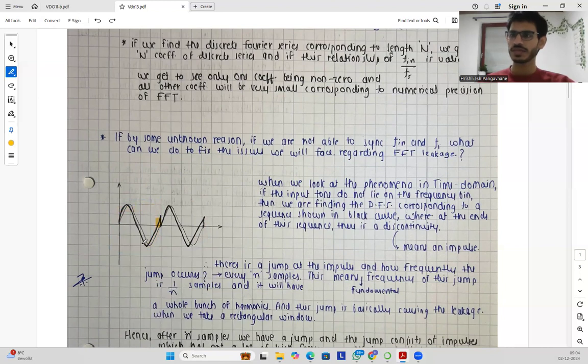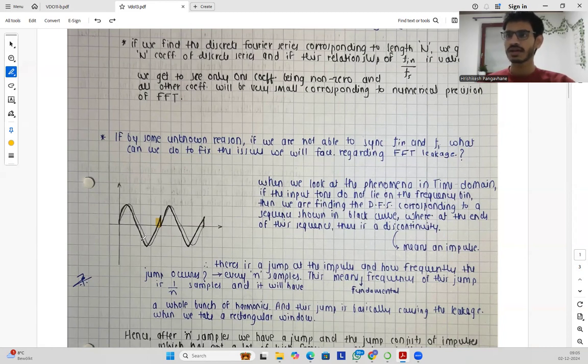This is basically a discretized signal. Just for the sake of simplicity, I have drawn it as a continuous signal, as if there are so many samples together that it looks continuous, but it is actually a discrete signal.